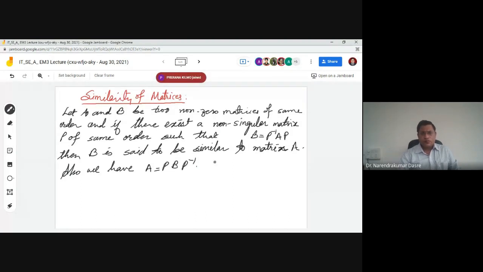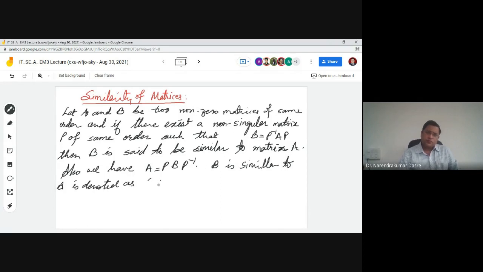So B is similar to A, denoted as B tilde, similar to A.